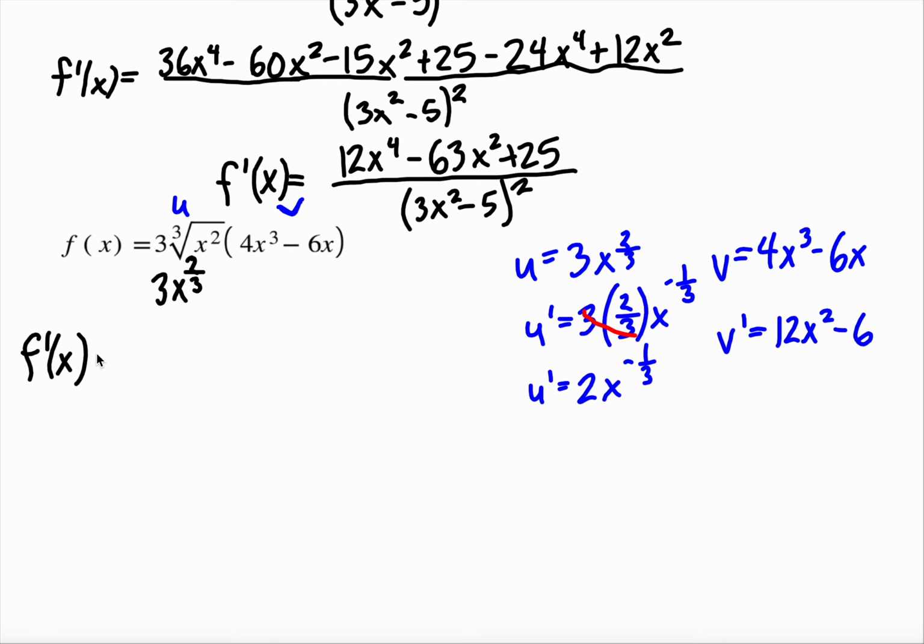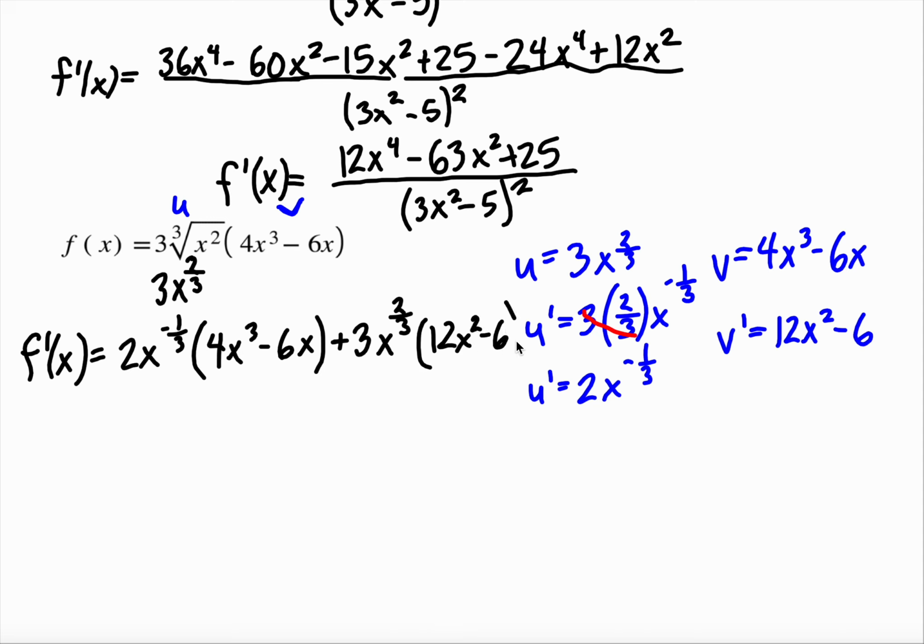So we got u prime, which we said was 2x to the negative 1/3, and that's times v, and then we have plus u v prime. So that's going to be 3x to the 2/3, and then we'll have 12x squared minus 6.